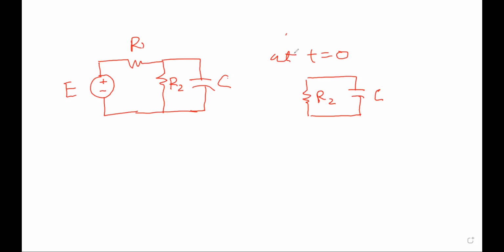Try to understand the problem and respond. Say at time t equal to 0 the source is disconnected. Then this is the circuit, isn't it? When your source was connected to this circuit, what was the voltage appearing across your capacitor? VC equal to what?